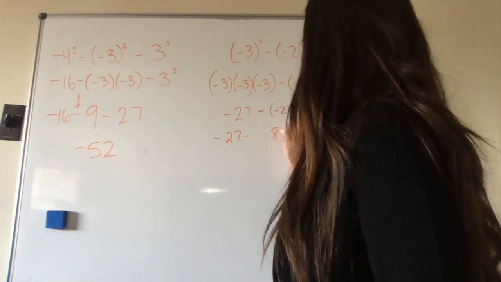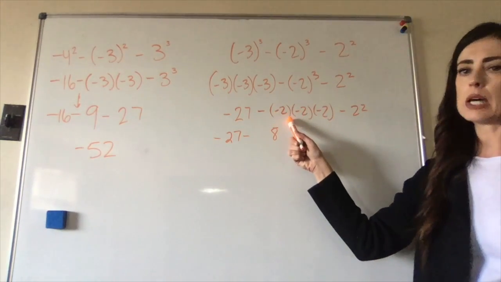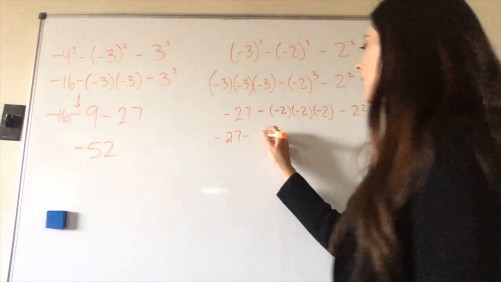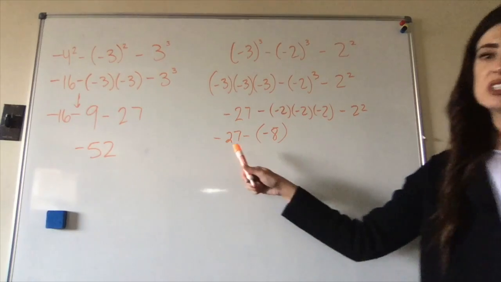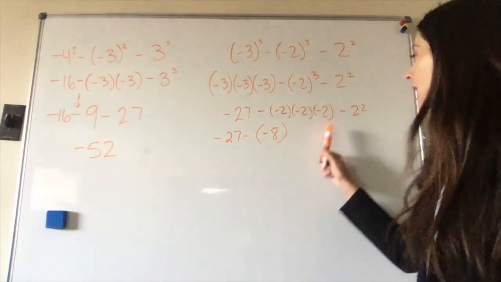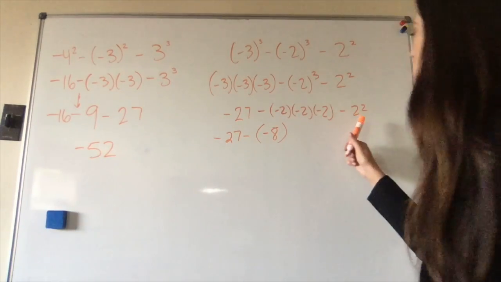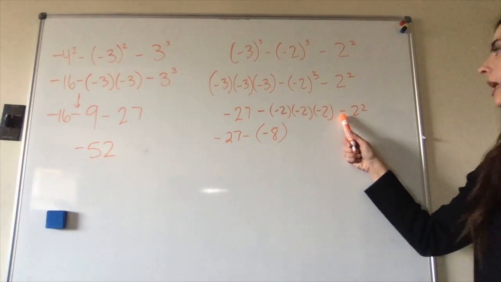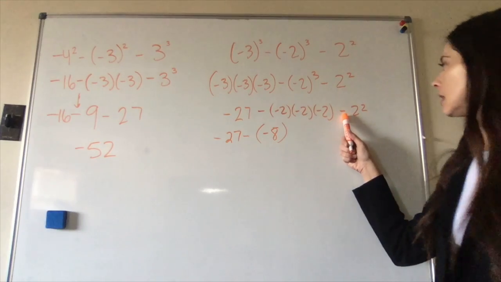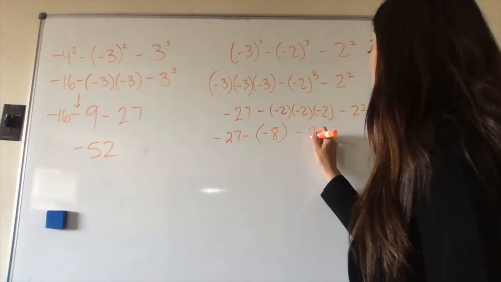Negative times negative is positive, and positive times negative is negative. So I'm going to put that inside parentheses because we have to do minus minus. Then I have negative 2 squared, which means the opposite of 2 squared, which is negative 4.